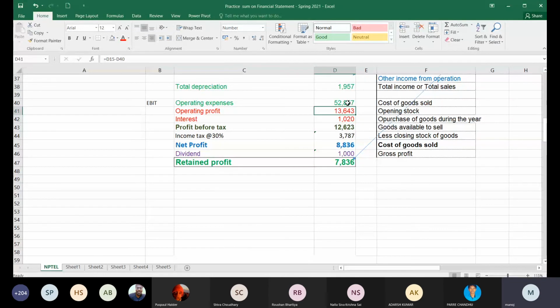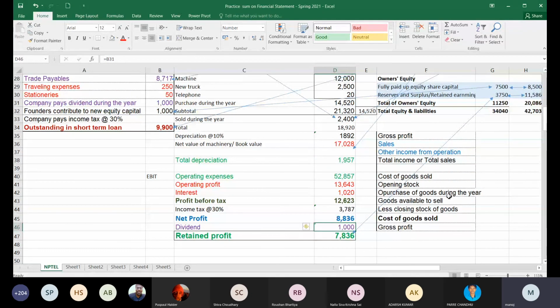From operating profit, you deduct interest, then you get profit before tax. Then you pay income tax at the rate of say 30%. On 12,000, that becomes 3,787. So net profit becomes 8,832. Now you decided that you want to pay dividend of 1,000, deduct 1,000 from here and you get 7,836. This is added to the reserves and surplus of this to get this.